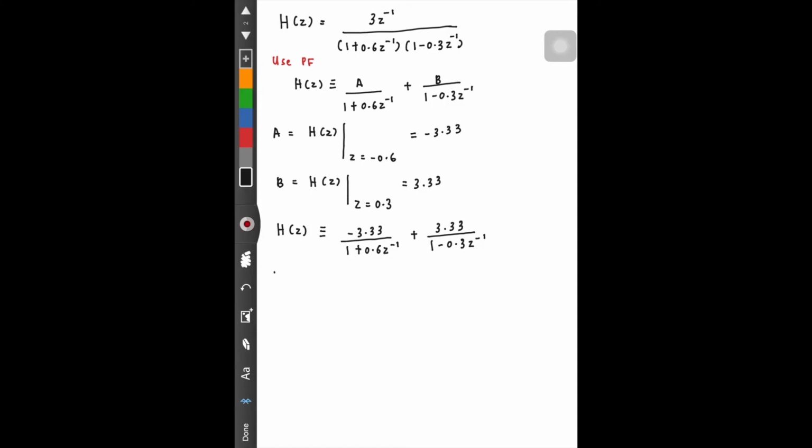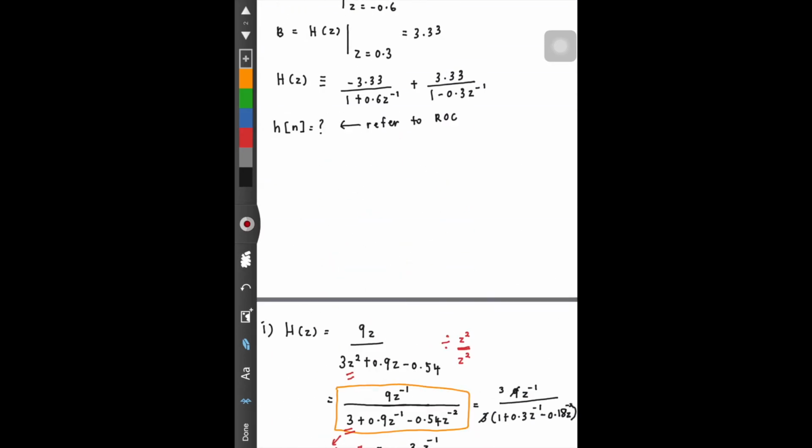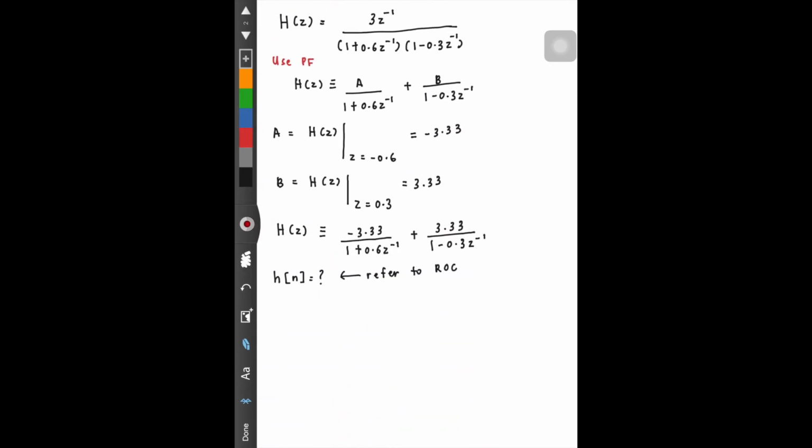To determine your Hn, you need to refer to your ROC. Just now we had 3 ROCs: right-sided, left-sided and two-sided. You need to determine Hn for each ROC. First, let's do right-sided, where modulus z is greater than 0.6.